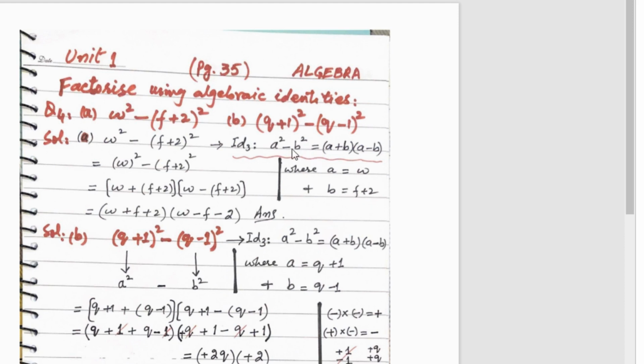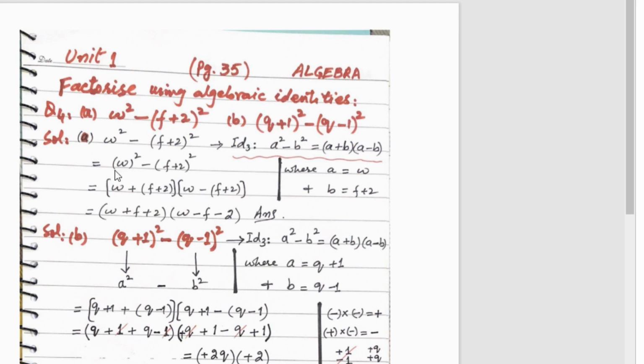So we will open the given expression like (a plus b) into (a minus b). So what is a here? w. When the second factor is long, please keep in mind that you will write down the second factor inside the bracket, as I will do in the third step.